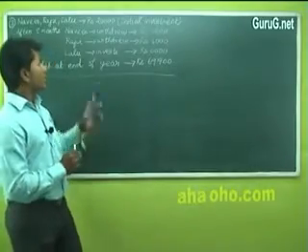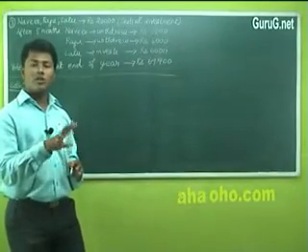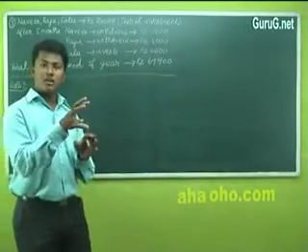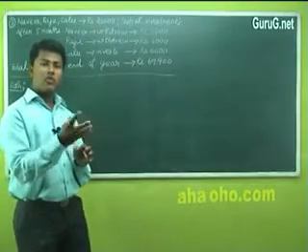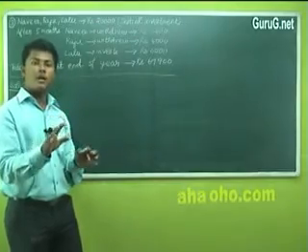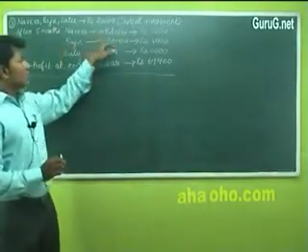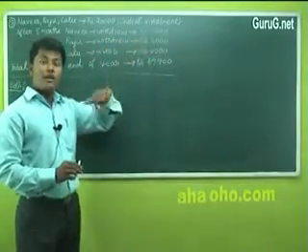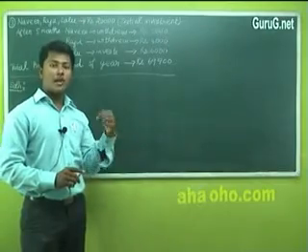For example, see, Naveen, Raju and Lalu have invested rupees 20,000 initially. So this is the working capital. 20,000 was given by Naveen, 20,000 by Raju, 20,000 by Lalu, 60,000 rupees is there. So this is static. After 5 months, Naveen is withdrawing rupees 5,000 from his share of capital. Naveen has invested 20,000 as the capital.